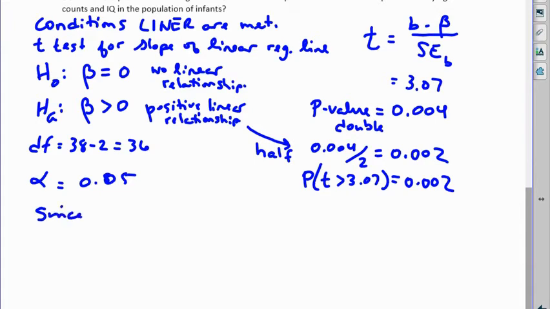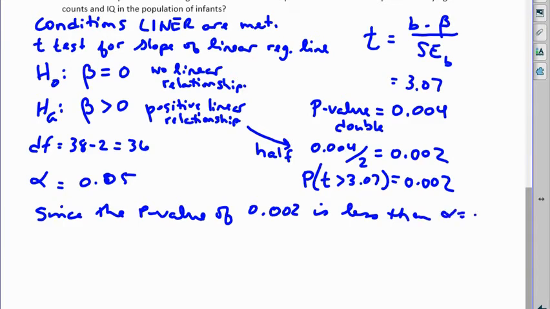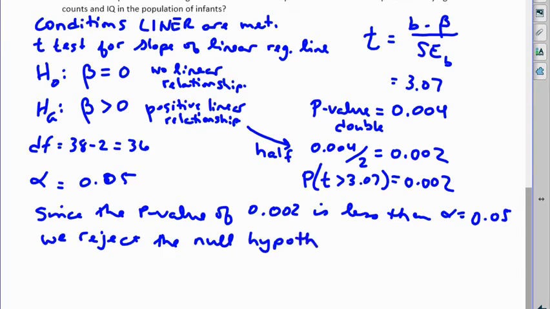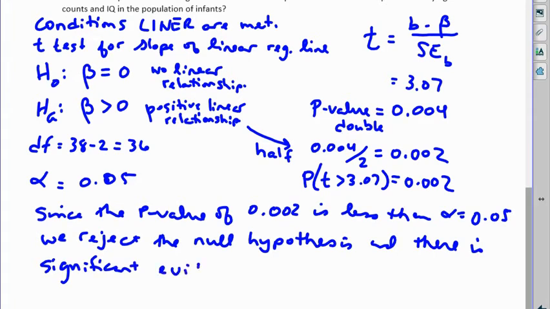Let's use an alpha. They didn't give one, so we'll use an alpha of 0.05. Since the p-value of 0.002 is less than alpha equal 0.05, we reject the null hypothesis, and there is significant evidence of a positive linear relationship between crying counts and the IQ for this population of infants.